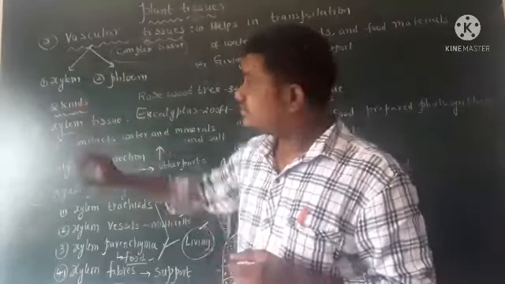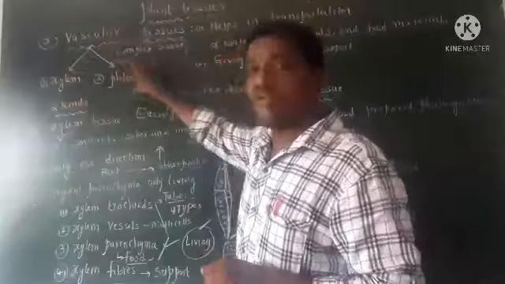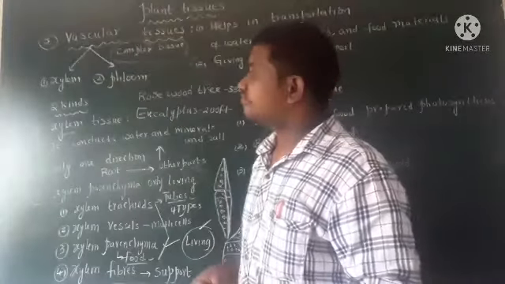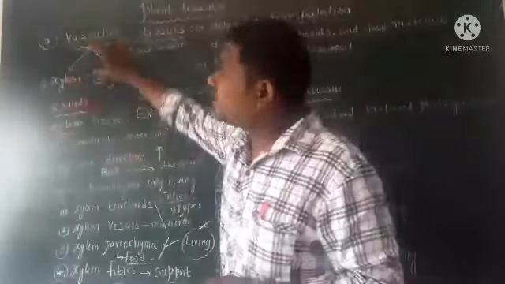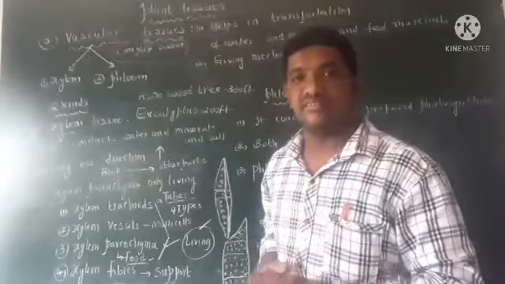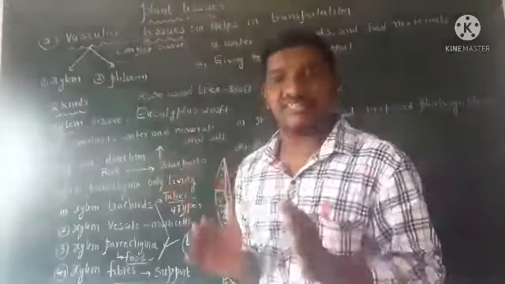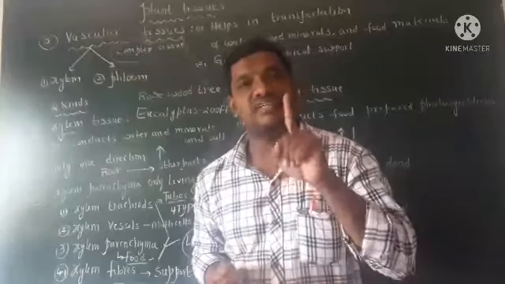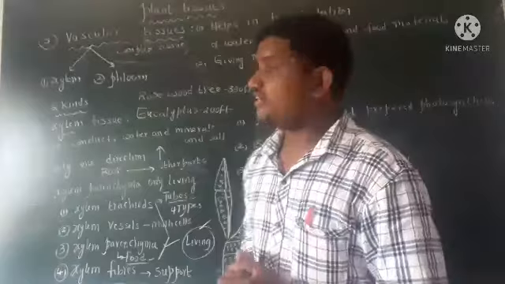It contains xylem and phloem. These two tissues together form vascular tissue. Remember it. Vascular tissue consists of two tissues: the first one xylem, second one phloem. Keep that in your mind.